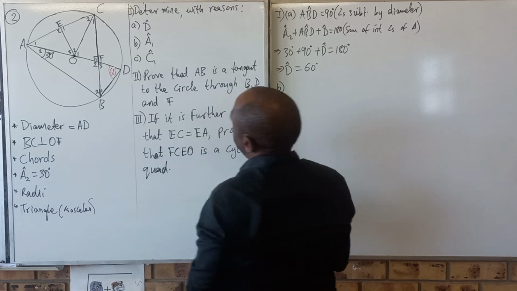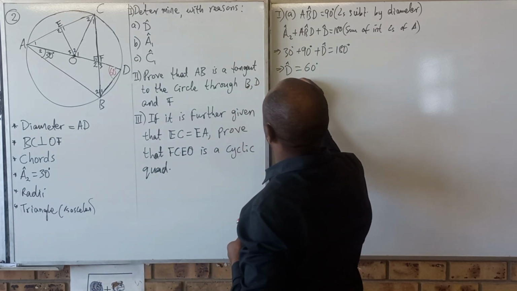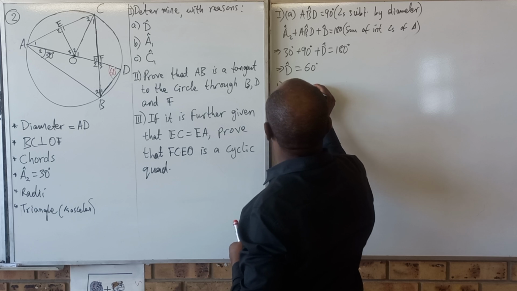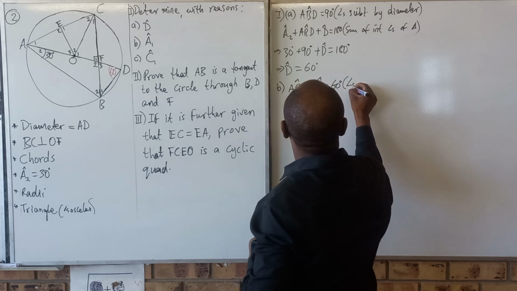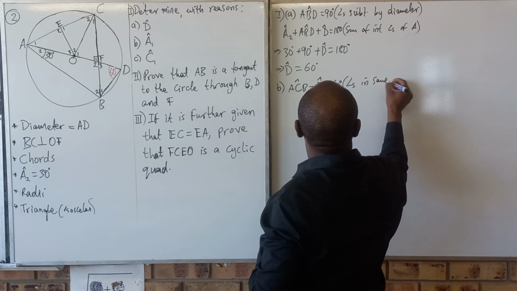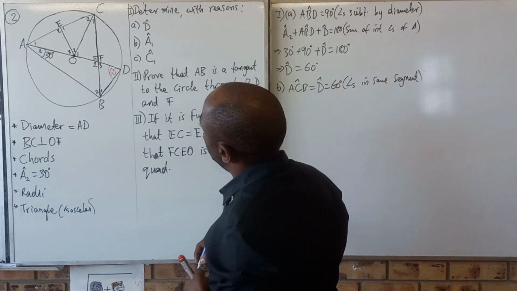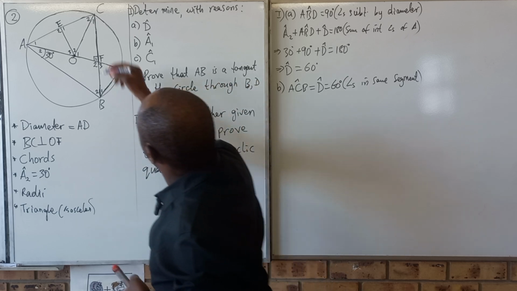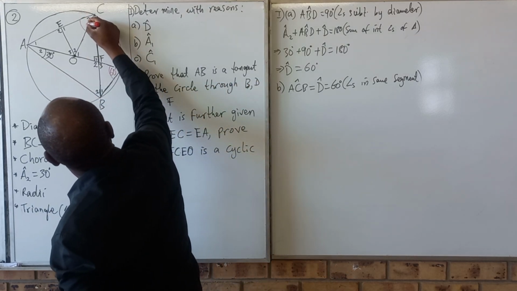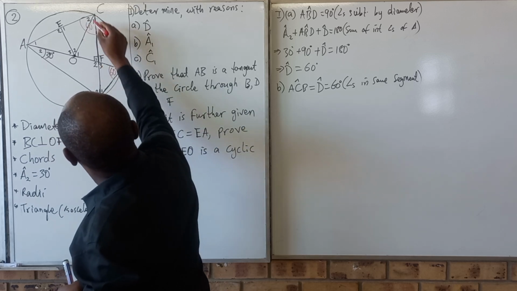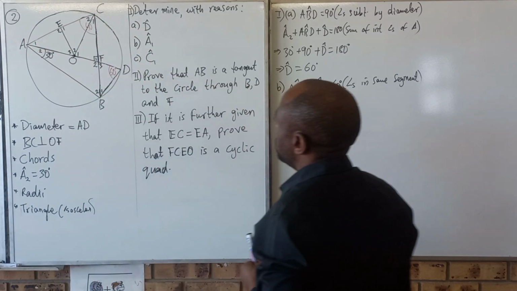So we can describe C1 and C2 as ACB is equal to angle D, which is equal to 60, angles in same segment. So those angles are equal, and therefore, if that is 60, to be on the safe side, let's just go and put it there. Then it will help us see that AFC is a right angled triangle.